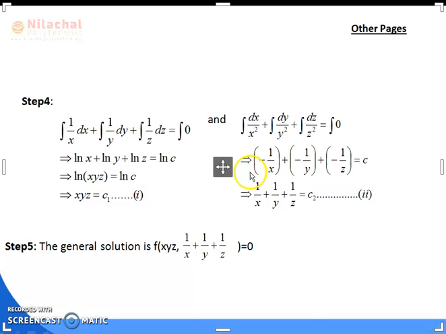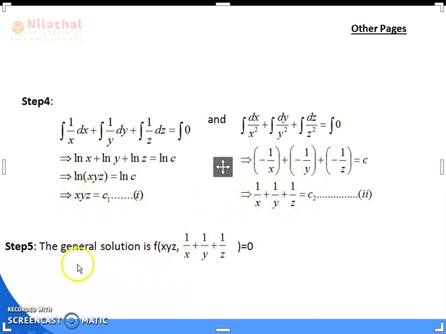Then after taking minus common, the rest is 1 by x plus 1 by y plus 1 by z equals minus c, which will go to the right hand side and become another constant. Suppose that one is c2, another constant. So we are mentioning equation 2. That means, according to our algorithm, suppose this one is your u, this one is your v.